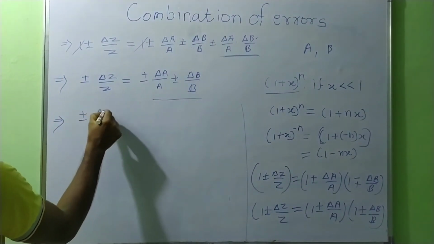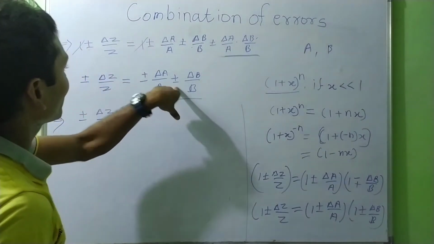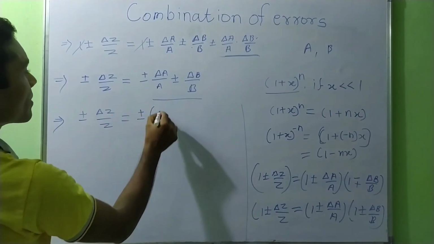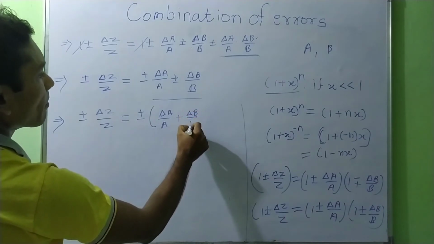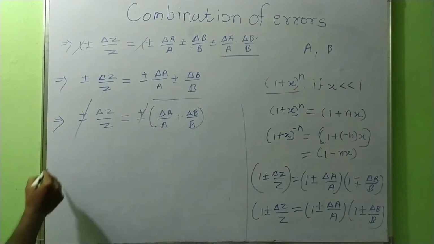For ±Δz/z, we can take plus minus from both terms, so ±(Δa/a, Δb/b). Plus minus is cancelled by this plus minus.